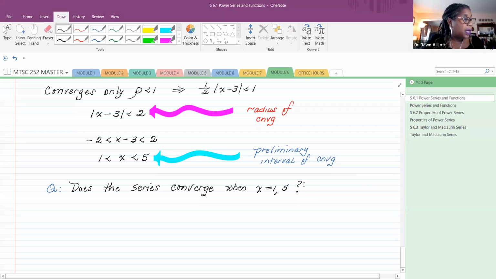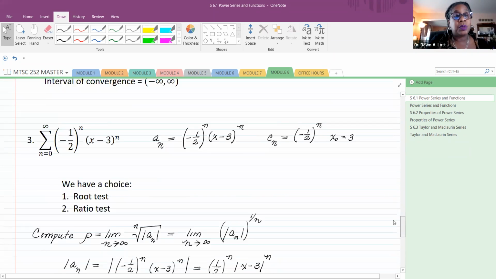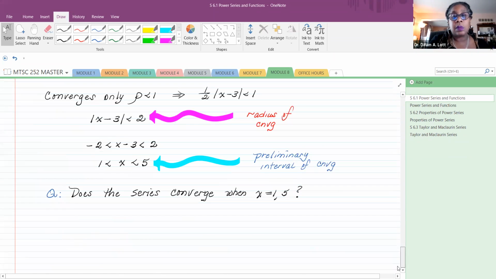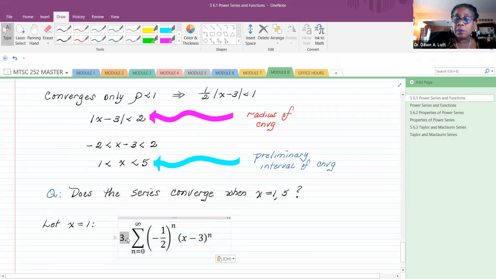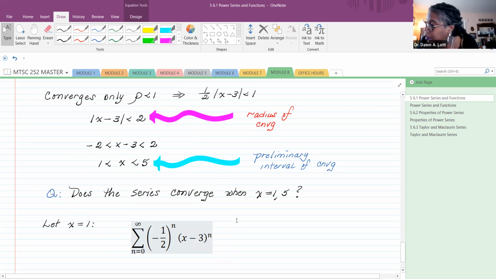So how do we do this? We need to check those. Let's go back to what our series was. If x is equal to 1, what do we get? This is equal to the sum n equals 0 to infinity of -1/2 to the n.